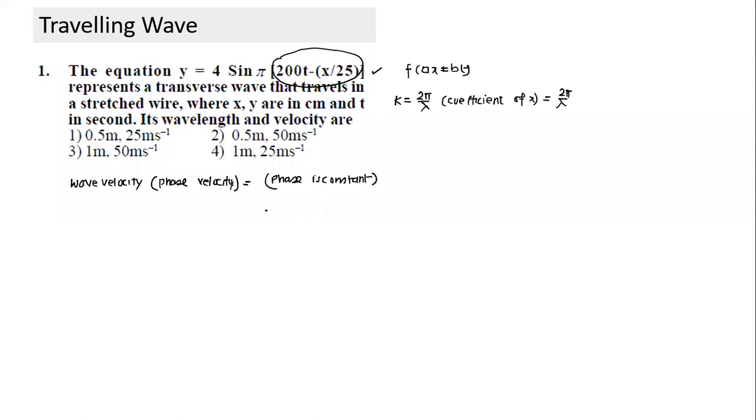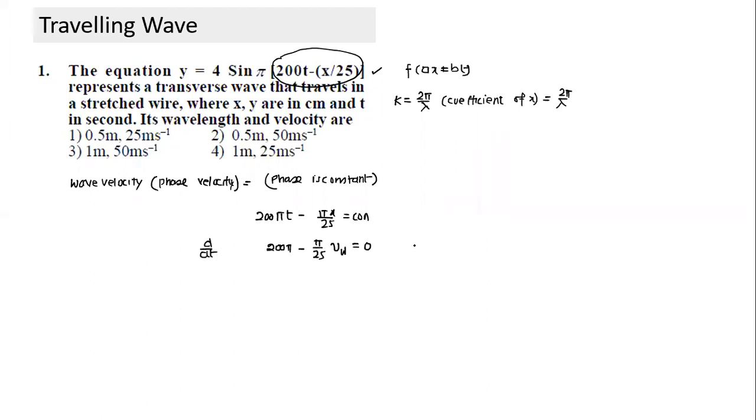Phase is constant means, what is the phase here? 200 pi t, and pi can be taken inside, minus pi x by 25 is equal to constant. So we take the derivative d by dt, which will give us the wave velocity. d by dt of 200 pi minus pi by 25 into dx by dt, which is v, the wave velocity, is equal to 0.